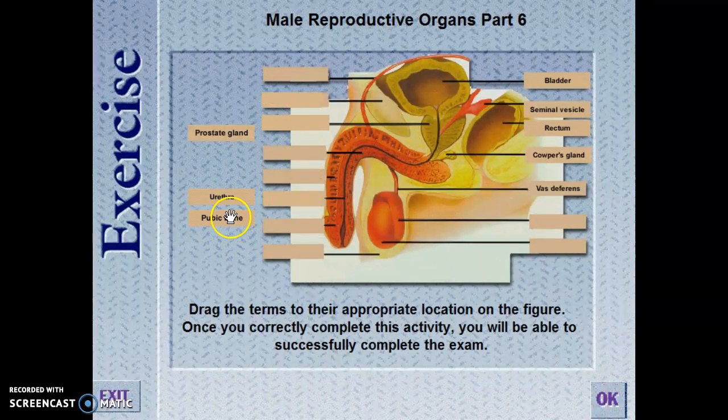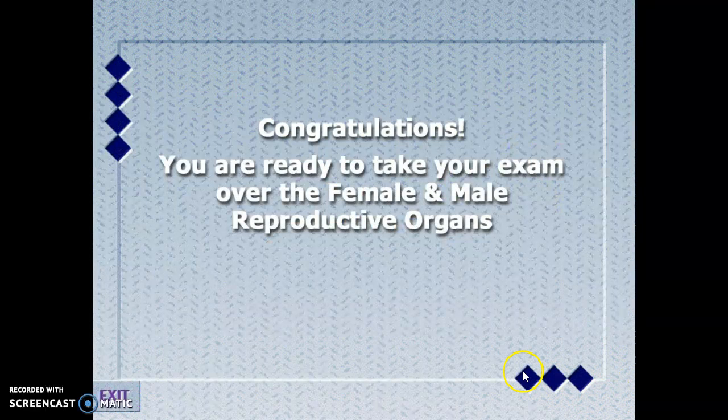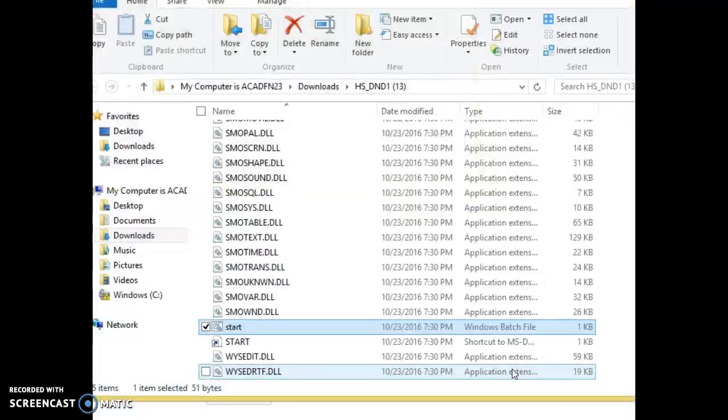And then on the left, underneath the vas deferens there, is the pubic bone. Then the prostate gland. A male has 1 prostate. And then here we'll fill in the urethra. So congratulations, you're ready to take your exam over the male and female reproductive organs.